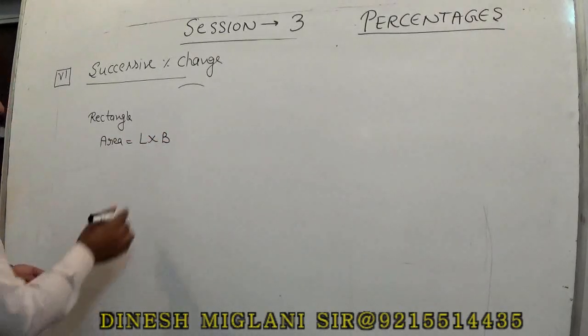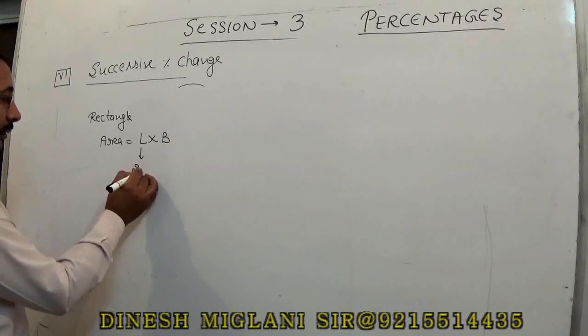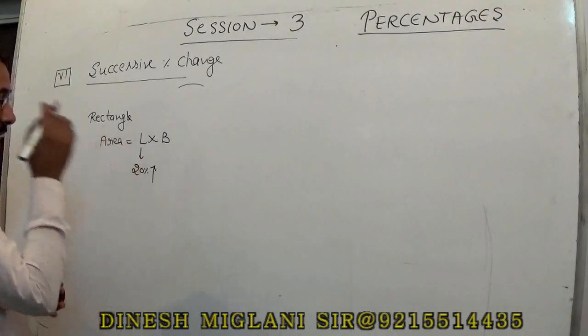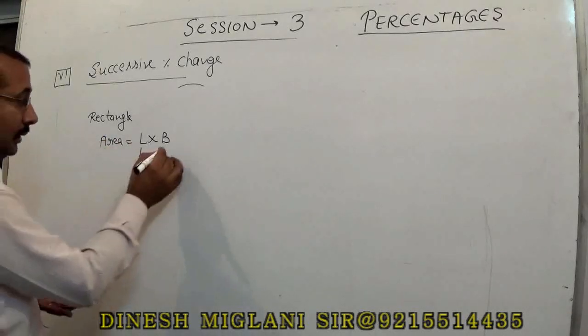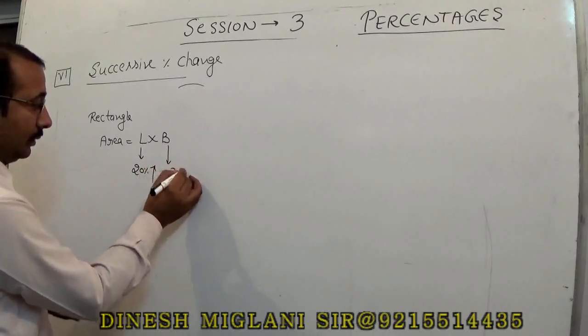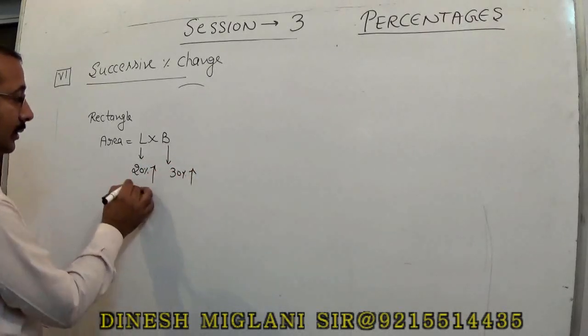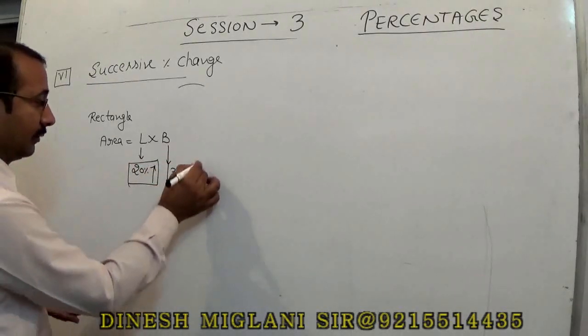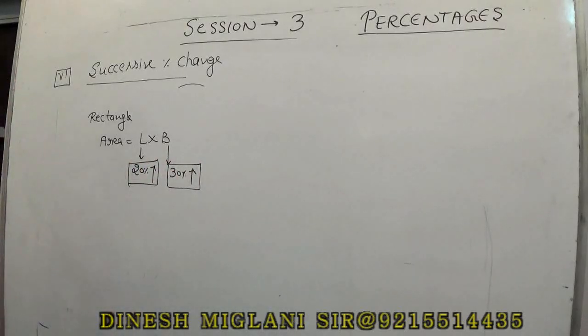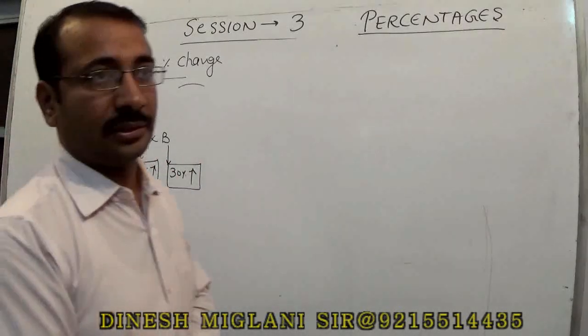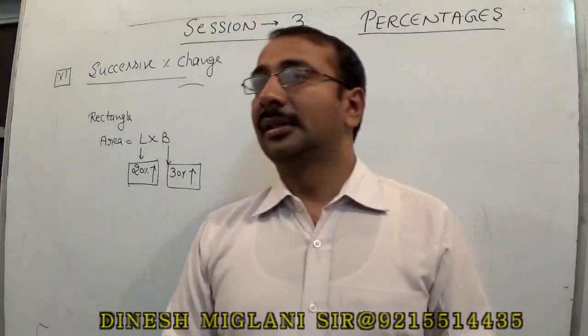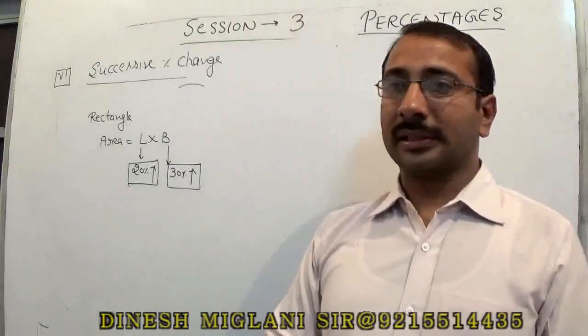If it is given that length of the rectangle increases by 20% and breadth of the rectangle increases by 30%. Suppose one rectangle is given, length of the rectangle increases by 20% and breadth of the rectangle increases by 30%.